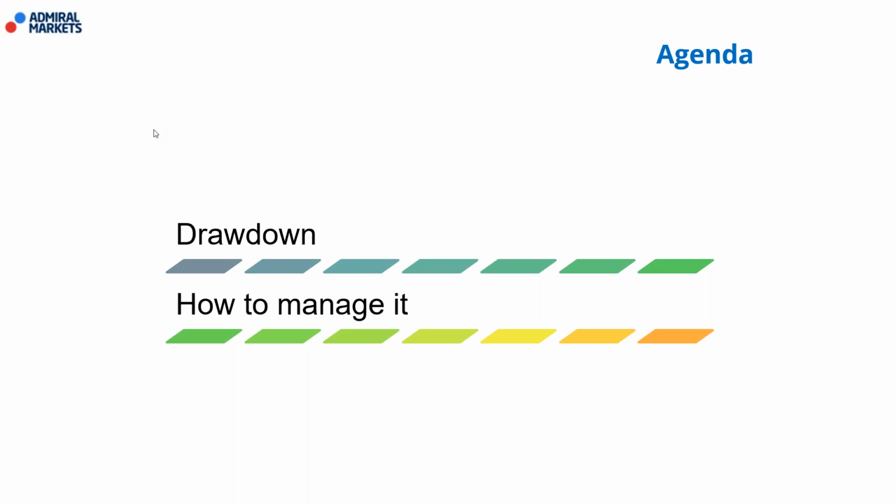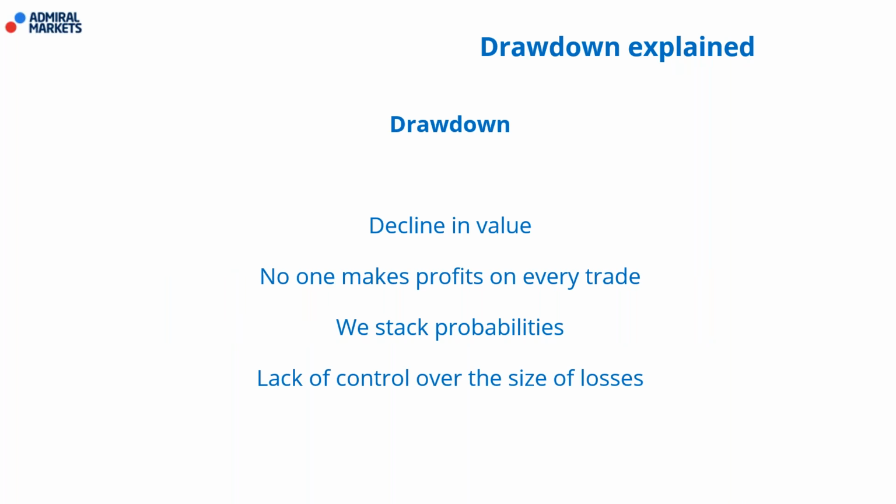Okay, so drawdown. First, I will explain what the drawdown is. Now this is very important. The drawdown basically is a so-called decline in value. In order to understand the drawdown, you need to understand that you will not make profitable trades all the time. The biggest issue with trading is people don't understand that they cannot be forex gods.